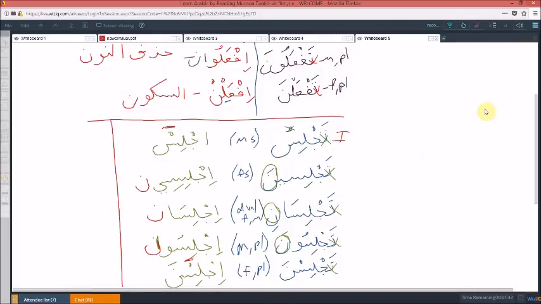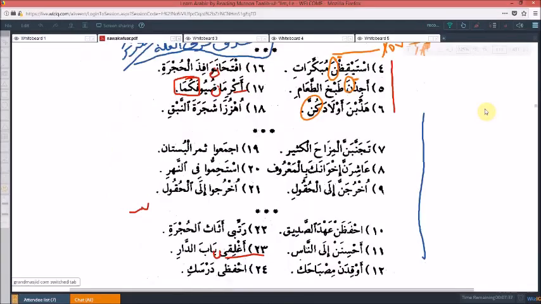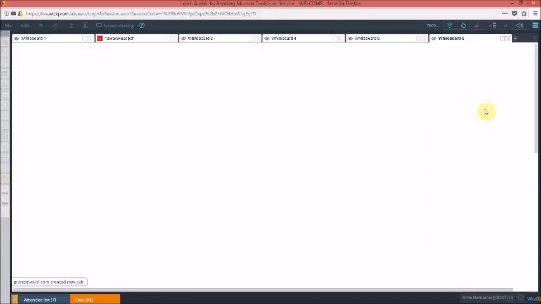Form 2 verbs, they take the amr in a little bit different way, as we see here in rattibi, right? Rattibi, we don't put a, it doesn't say turattibi, it has it with, yes it does, but the reason is form 2 is different. Let me see if I can show it to you. We have rattibi. Let me go back.